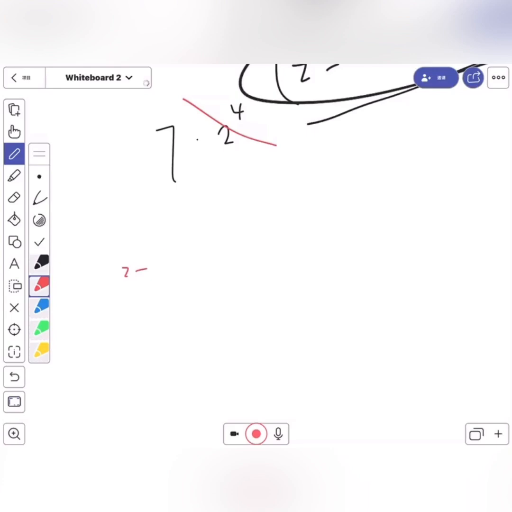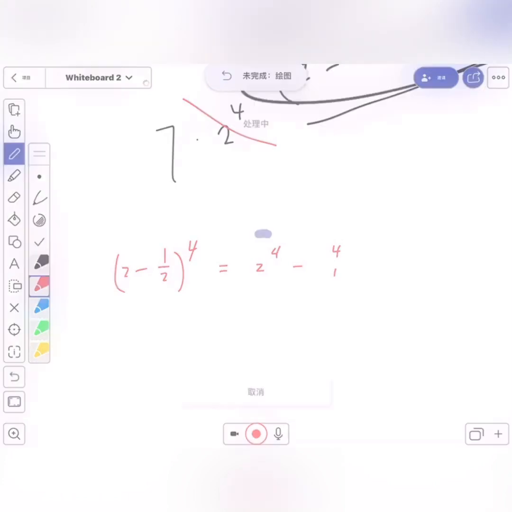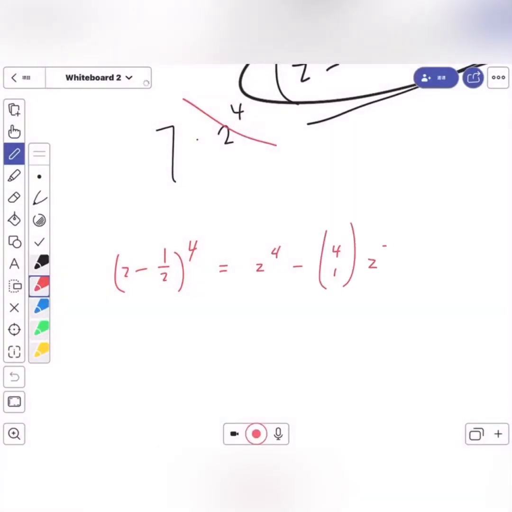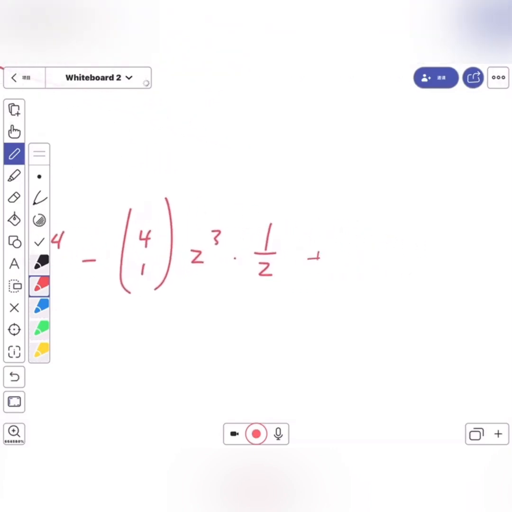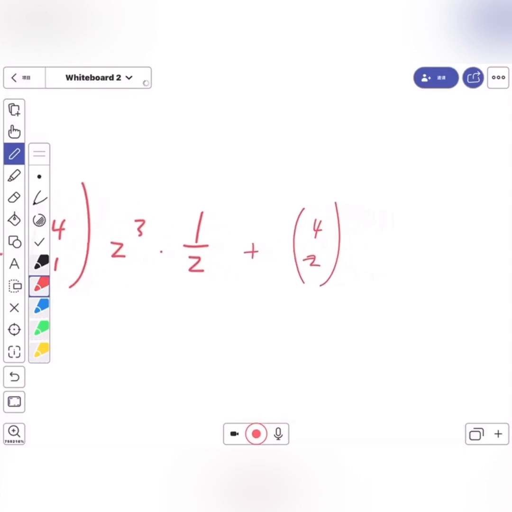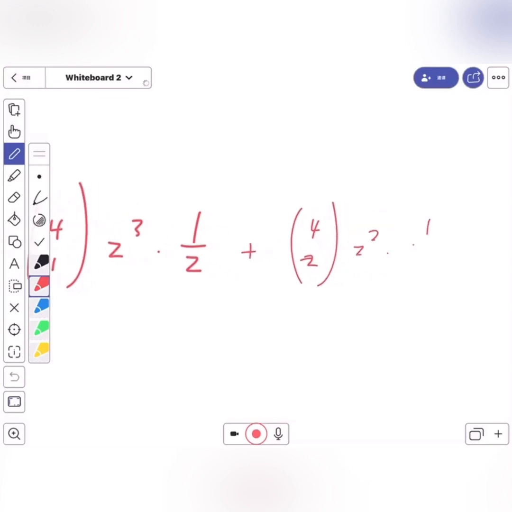So z minus 1 over z to the fourth is equal to z to the fourth minus, we're just gonna expand using the binomial theorem. 4 choose 1 times z cubed times 1 over z, plus 6, which is 4 choose 2, z squared times 1 over z squared.